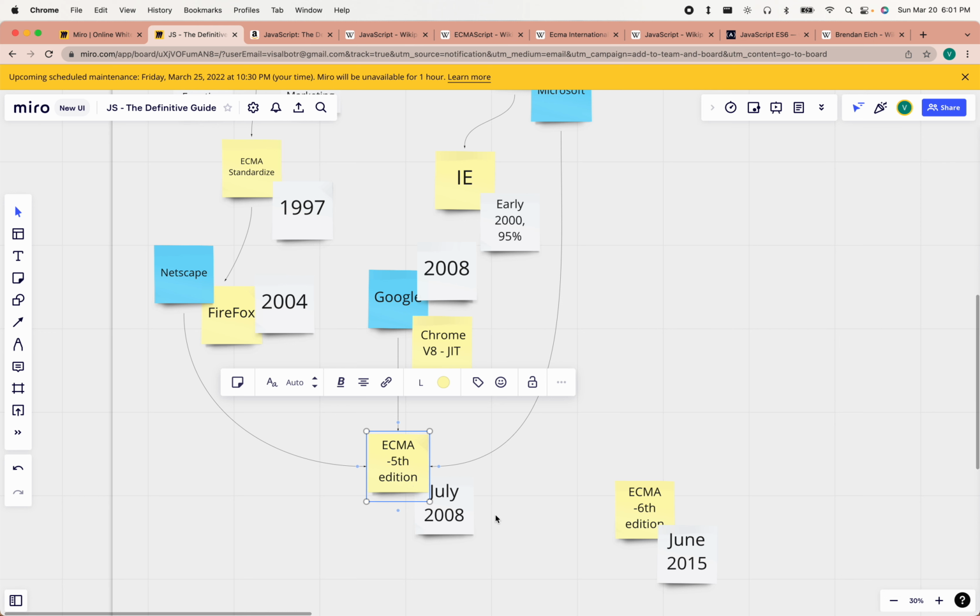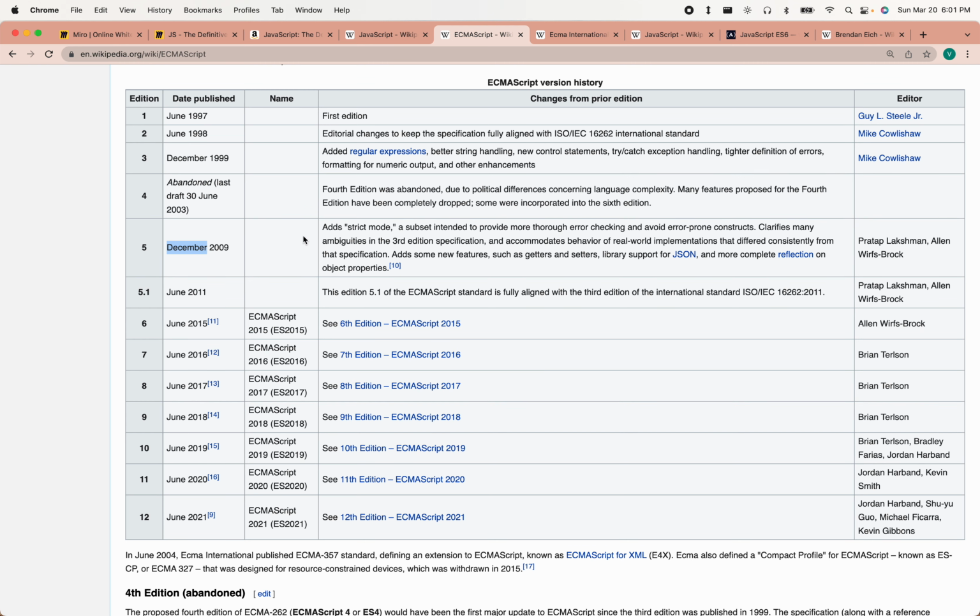That's why ES5 has a very big significance in JavaScript history. And the way they name it is a little bit tricky, it's kind of one off. So ECMA 5 is referring to this one, which doesn't count.